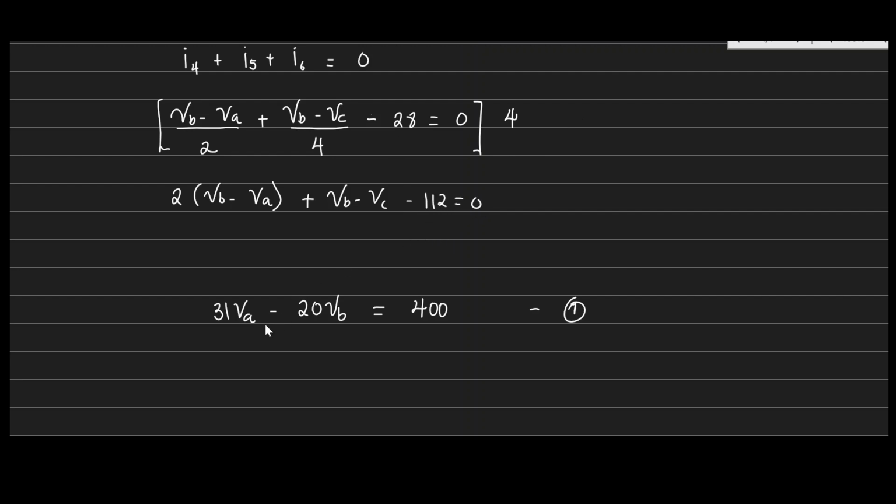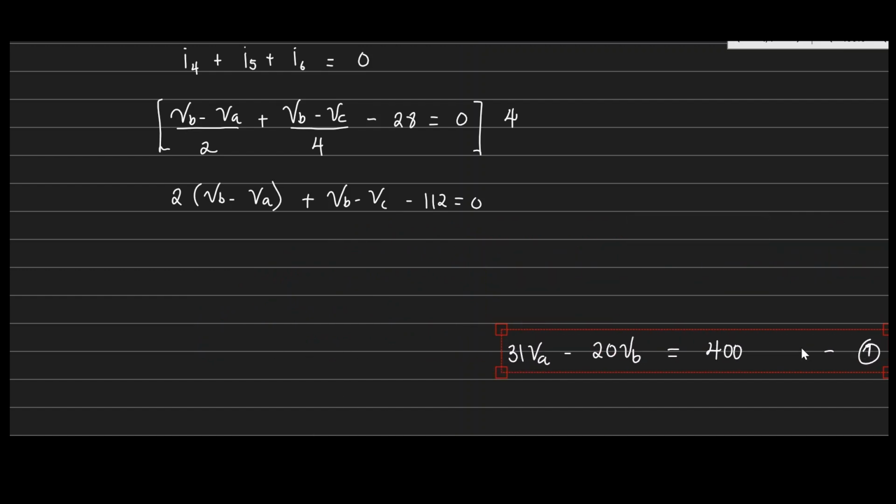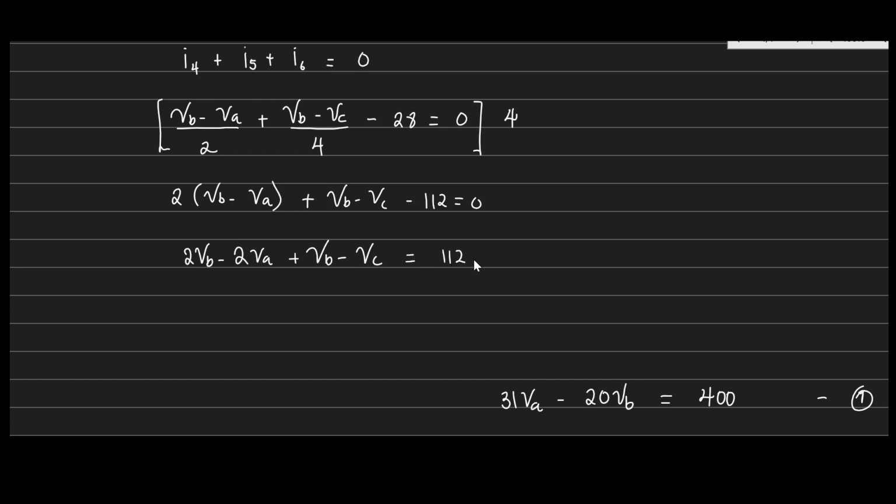Okay, you just move this equation. Let me take it down here. Okay, so this becomes 2VB minus 2VA plus VB minus VC equal to 112.